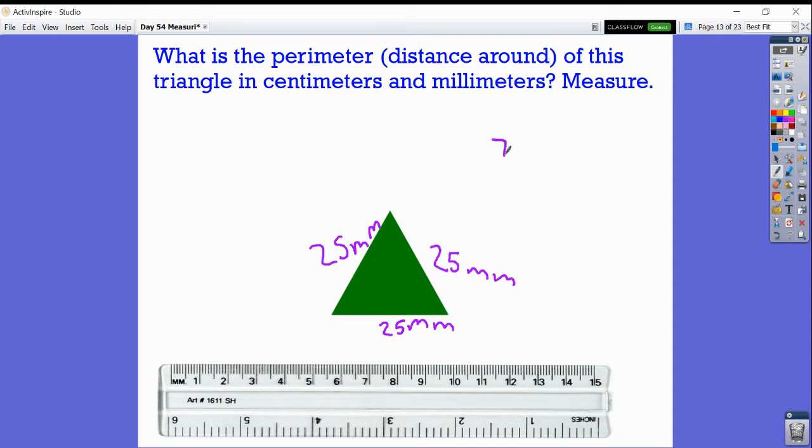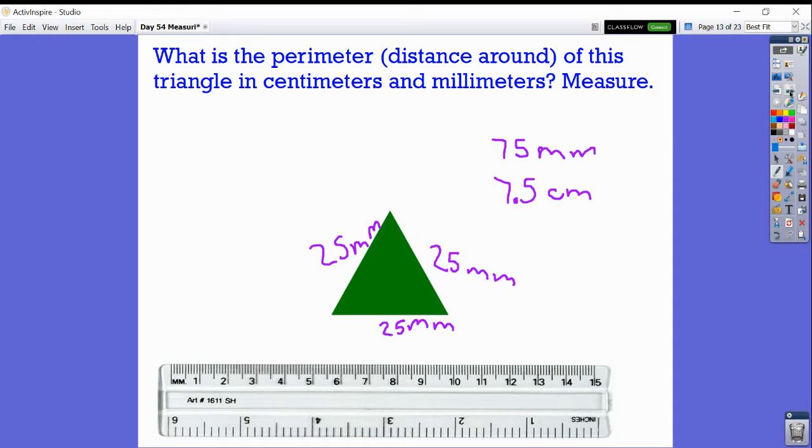So I ended up with a total, 25 plus 25, that's 50, and 50 plus 25, well, that gives me 75 millimeters. Well, 75 millimeters is the same as 7 5/10 centimeters.